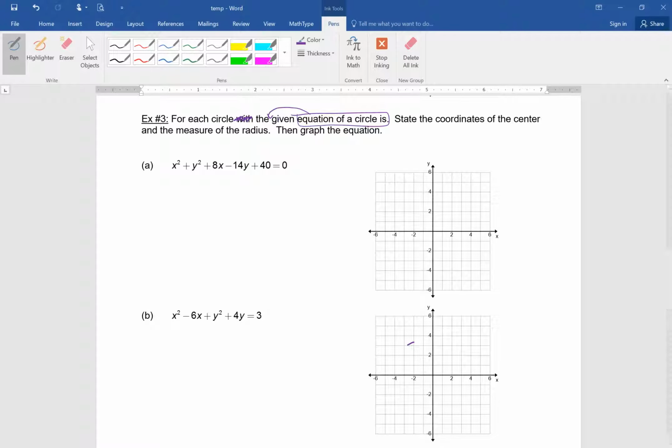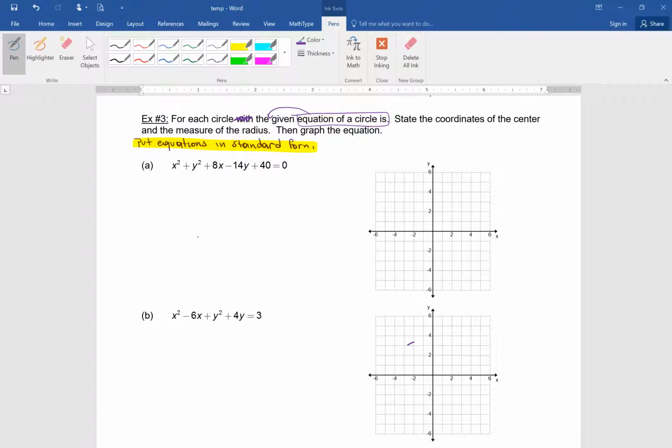What we have to do is we have to put the equations in standard form. All right. For this, we have to use completing the square. You guys have done this. We're going to review. All right. Let me have your attention.